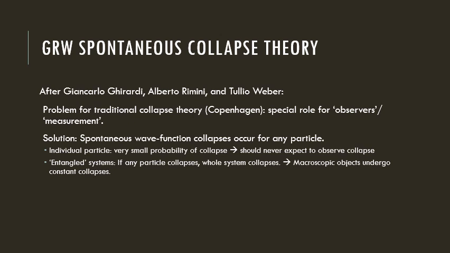However, if you have a large collection of entangled particles, and what this means is basically they're particles whose state is correlated with each other. So in a way that's like the two particles in the EPR experiment where the two electrons have a correlated state. Okay, so that can happen for a large collection of particles. And an example of that is an ordinary macroscopic object.